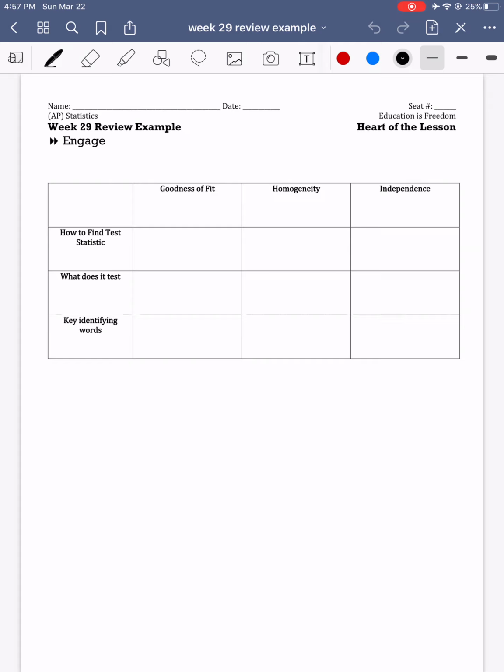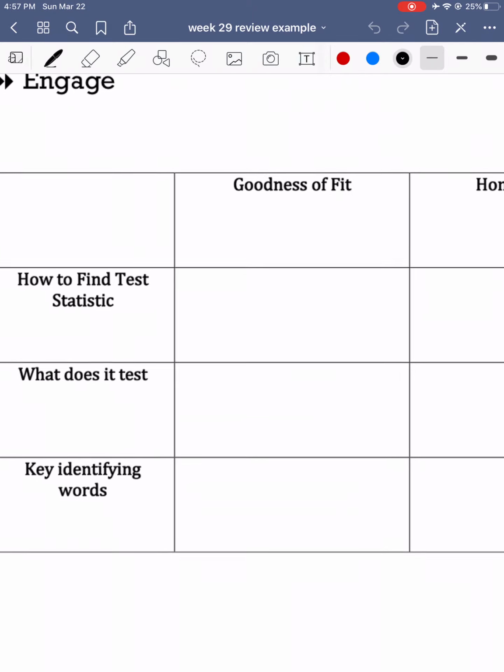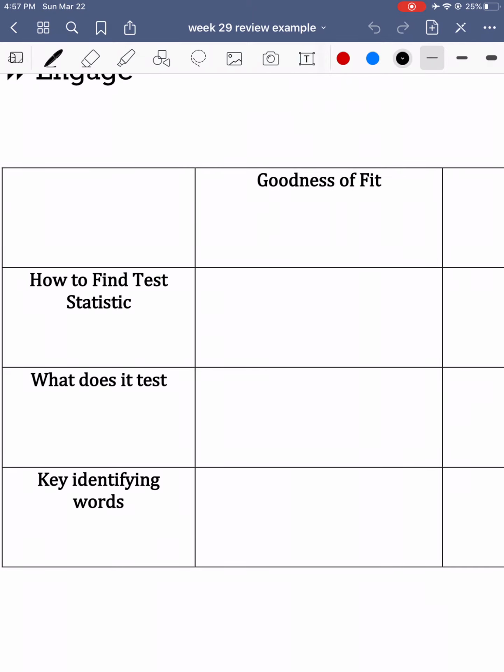So first, let's just look at the goodness of fit test, the one that we did on Tuesday and Wednesday of last week. Let's first look at how we find the test statistic. We know that we have this formula: chi-square is equal to the observed values minus the expected value, quantity squared, over the expected value.